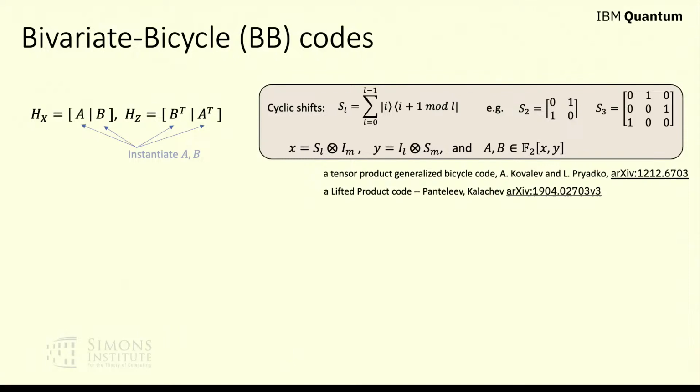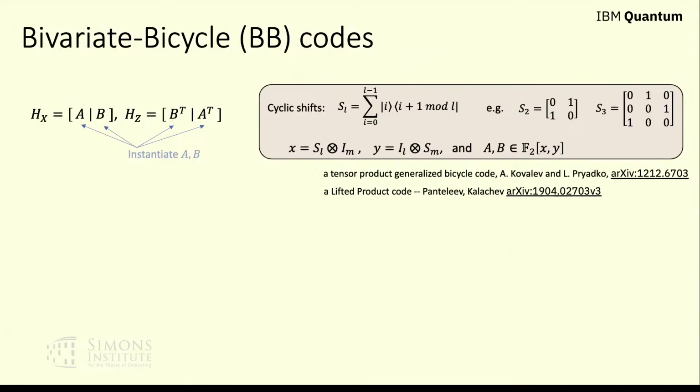Okay, so what about our codes? So again, all we have to do is instantiate somehow these matrices A and B such that they commute. And the way we'll do that is by using these particular cyclic shift matrices. So the matrix S_L is the cyclic shift of L items.